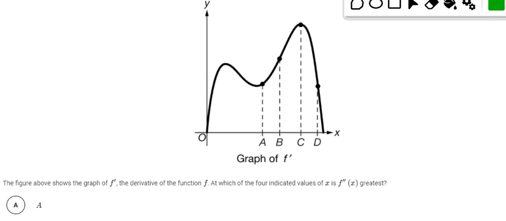As we look at this, we can look at that slope right there, and we're definitely steeper right here. This looks like a horizontal, and this is steeper. Actually D is the steepest slope, but at B we're positive. This is negative. Positive is always going to be greater than negative, so our answer is B. The value of our second derivative is greatest at B because that's where our slope is the greatest.